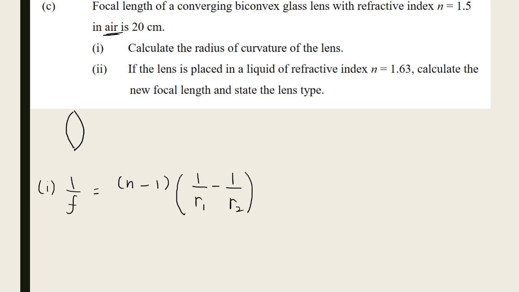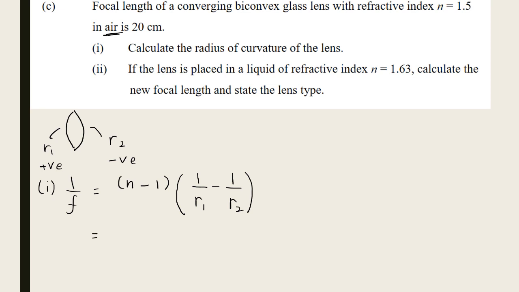Okay, to get the answer correctly, you need to determine the sign conventions for R1 and R2. So R1, we start from the left. This is R2. R1 is positive. R2 is negative. Okay, it's because of the curve. This is convex. So R1 is positive, R2 is negative.